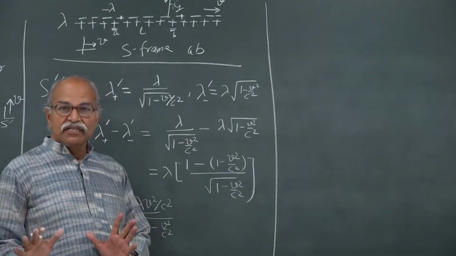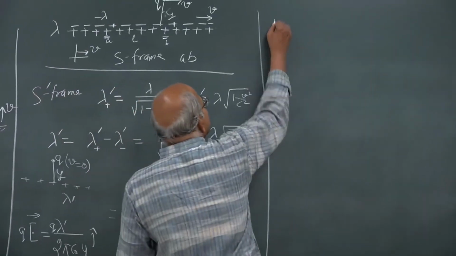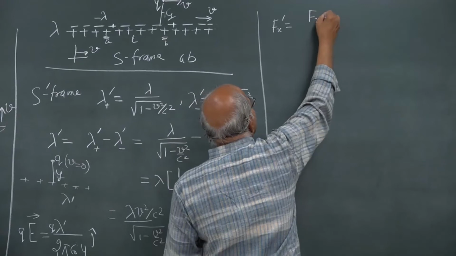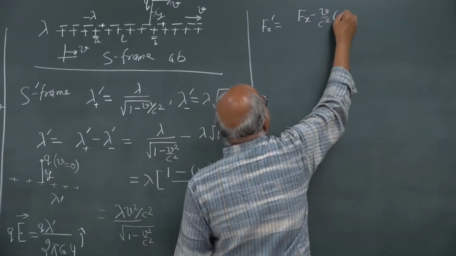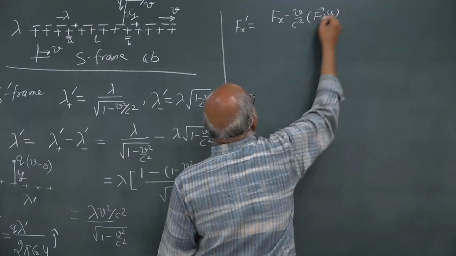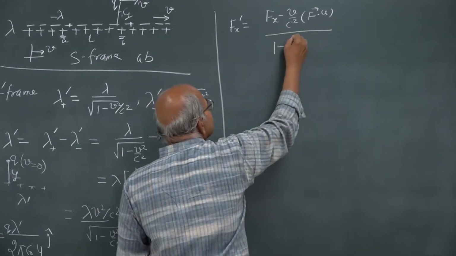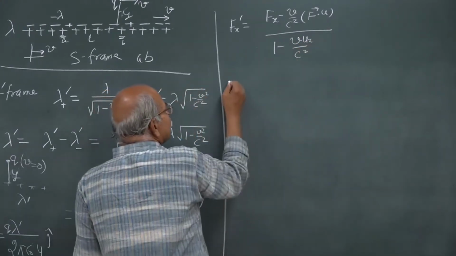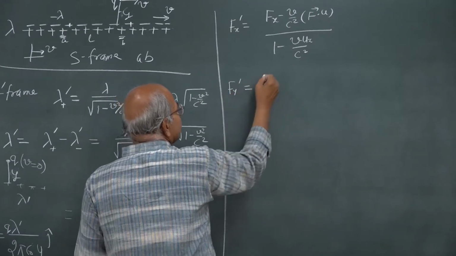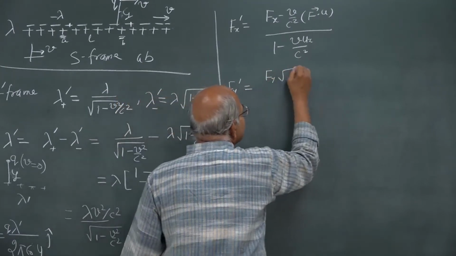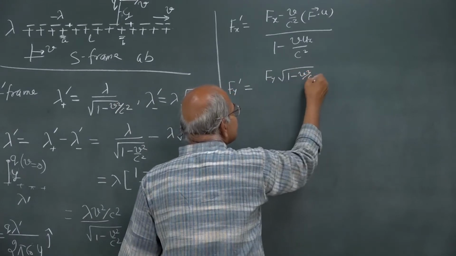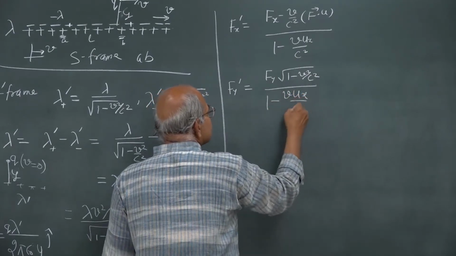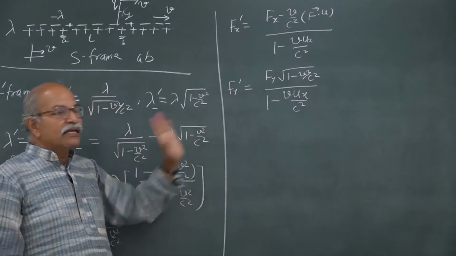The force transformation equation is Fx prime is equal to Fx minus v by c square F dot u, divided by 1 minus v ux by c square, and similarly Fy prime was Fy multiplied by square root 1 minus v square by c square, and the same denominator 1 minus v ux by c square, and similarly for Fz prime.